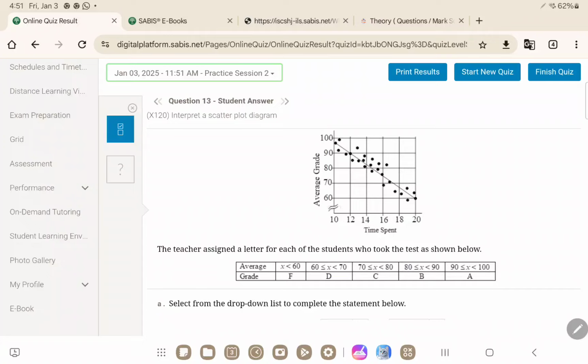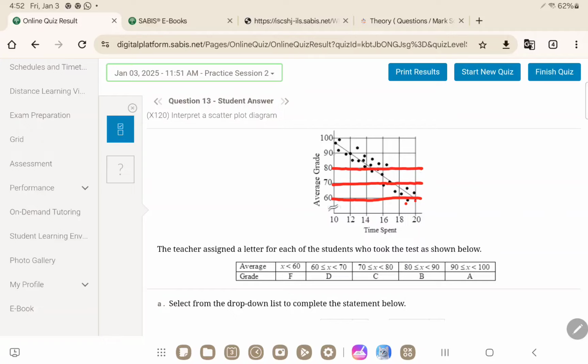The modal letter grade is, what does the modal letter grade mean? It means the grade group with the most people who got it, so we need to see below 60. How many people got below 60? Only 2. How many got between 60 and 70? This much. Between 70 and 80?